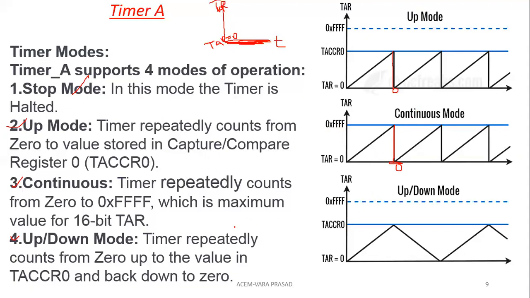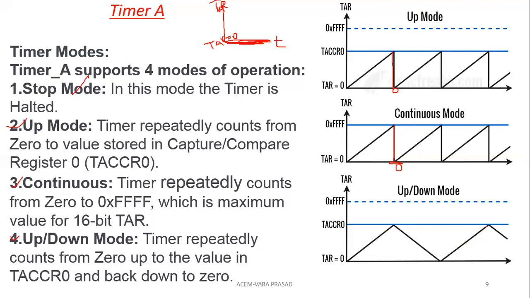And then come to up and down mode. That means it is the same as up mode, and down means decreasing down to 0. Previously it suddenly dropped to 0 after the maximum value, but here, after reaching the maximum value in the TACCR register, it decreases one by one and reaches 0.